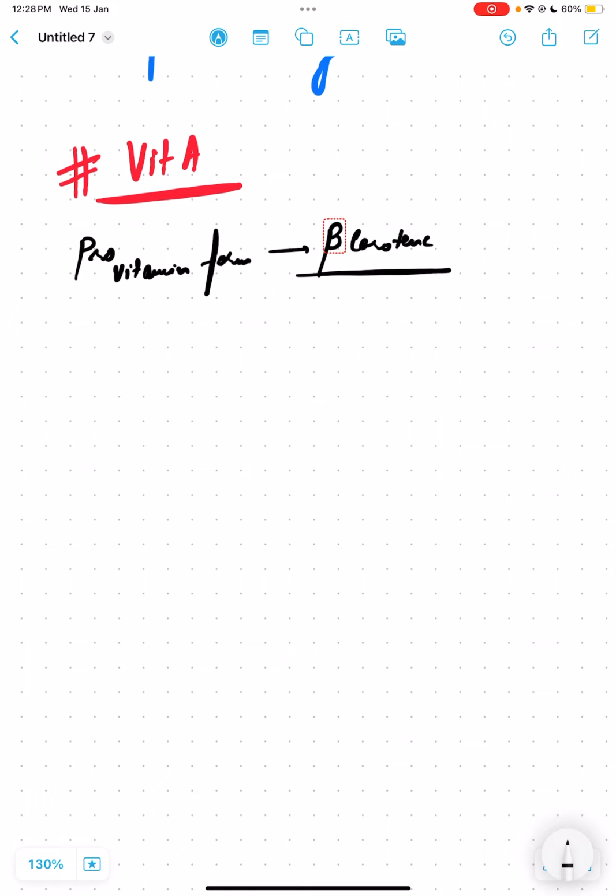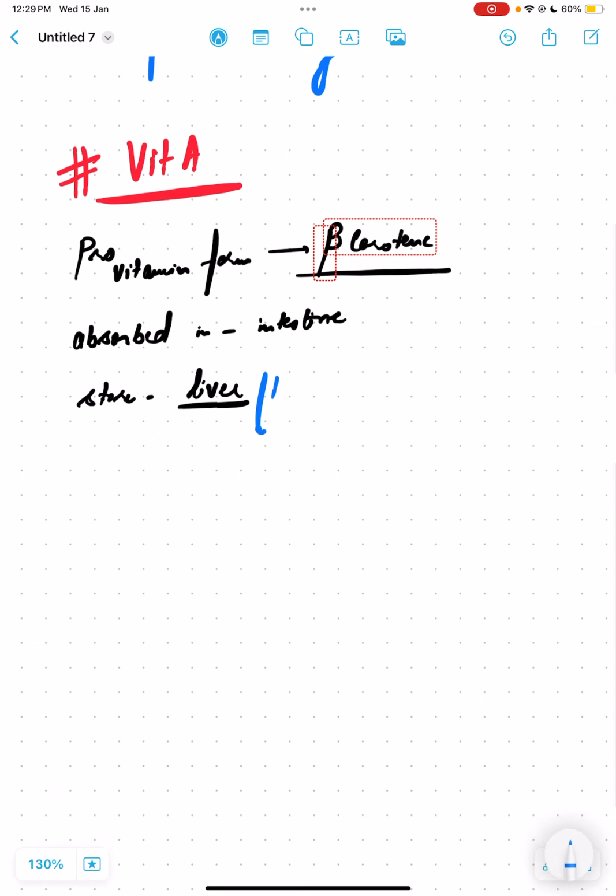Basically it is absorbed in the intestine and it is stored in the liver in the form of retinol palmitate. You should remember that, retinol palmitate. The provitamin form is the beta carotene form. It is absorbed in the intestine and stored in the liver in the form of retinol palmitate.